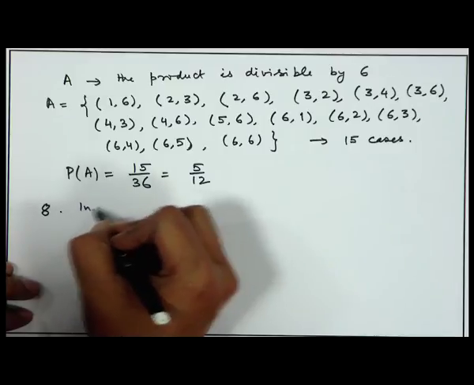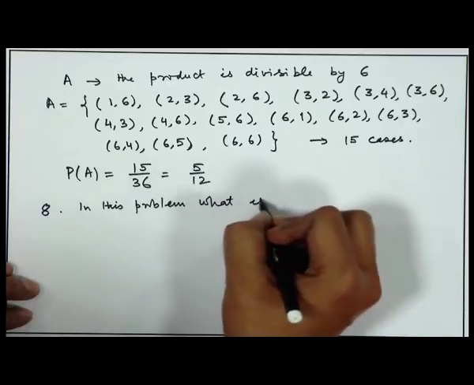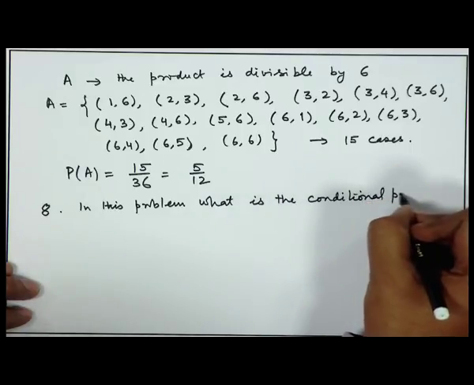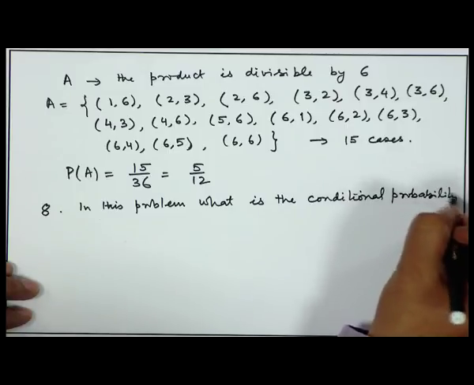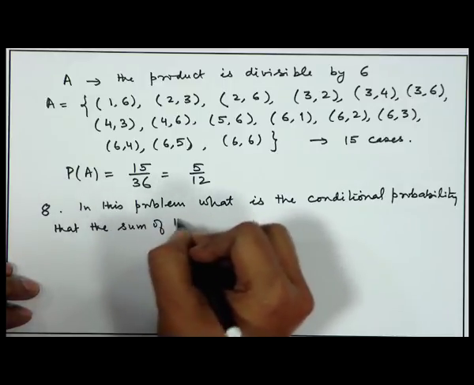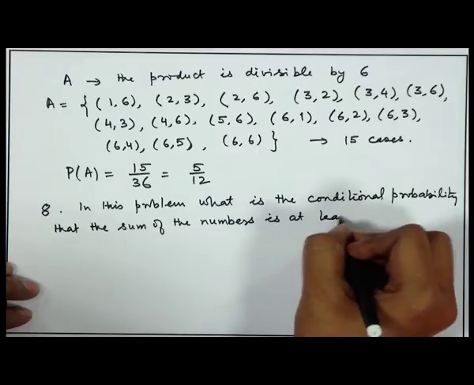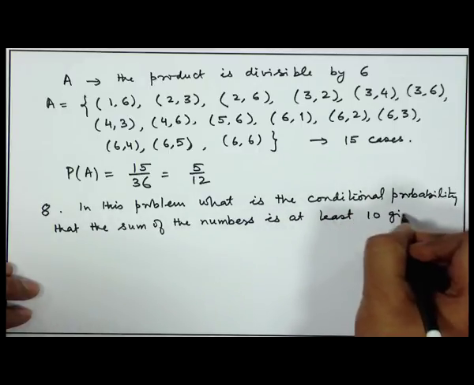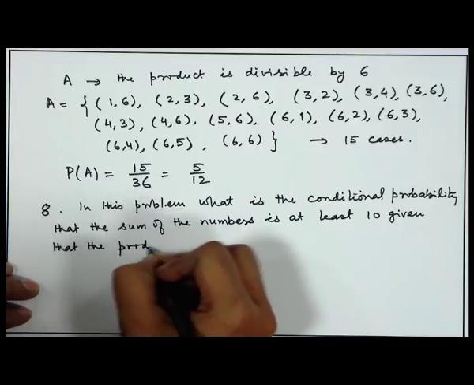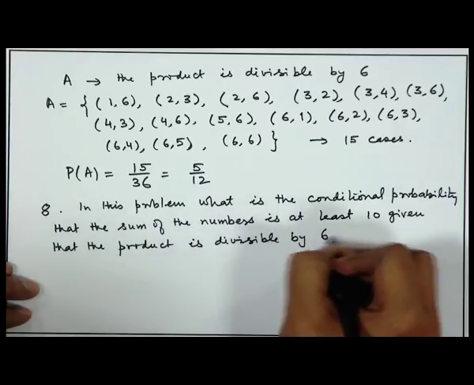Okay. In this problem, what is the conditional probability that the sum of the numbers is at least 10 given that the product is divisible by 6?